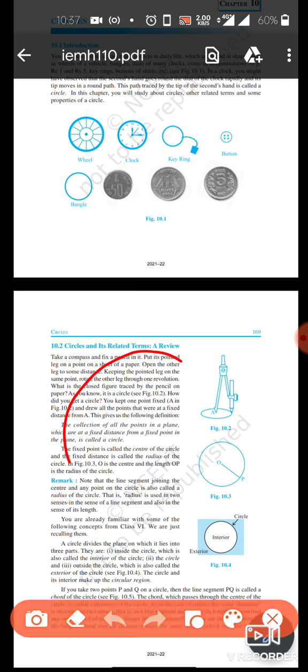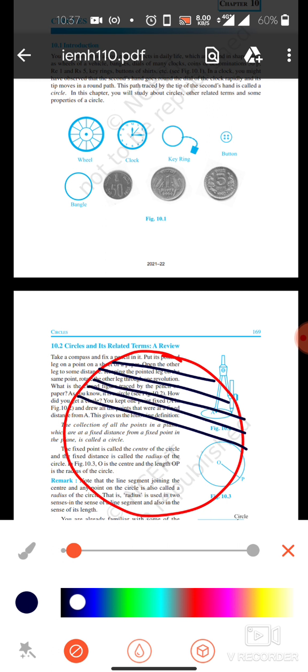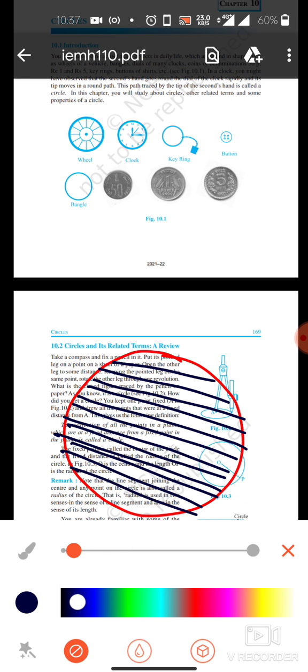If you are having a circle, then maximum how many chords can you make? I can make an infinite number of chords. One chord will be like this. Then I can make it in this way.